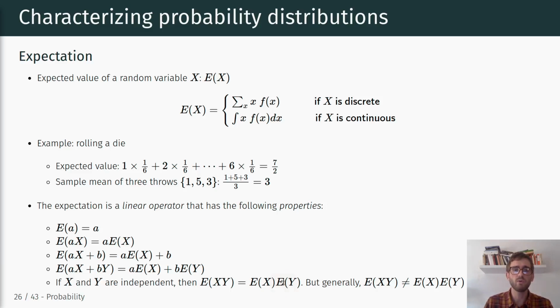But this only holds when x and y are independent. If they're not independent, then we have to take into account the covariance between x and y, but we'll get to that at some point, right? So in the general case, it is not true that the expectation of the product of x and y is equal to the product of the expectations.